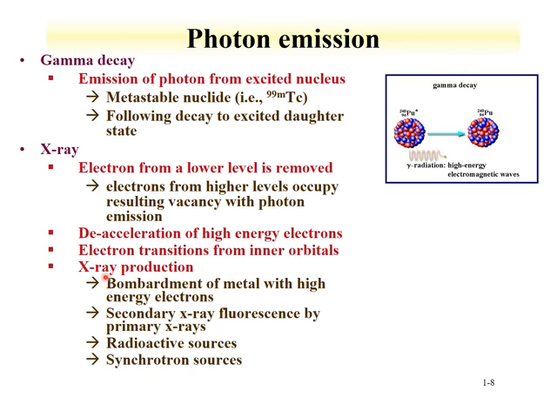When we have X-ray production, if we bombard a metal with a high energy electron, we can produce X-rays that way. There are also synchrotron light sources in which electrons are accelerated and held in a ring, and these sources produce X-rays, which we will talk about when we talk about advanced light sources.